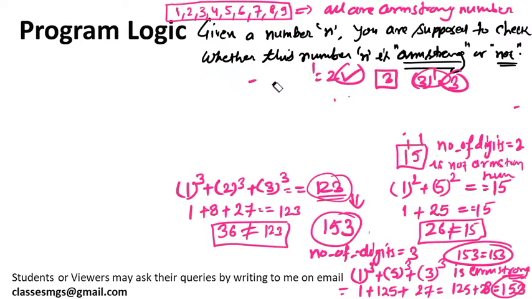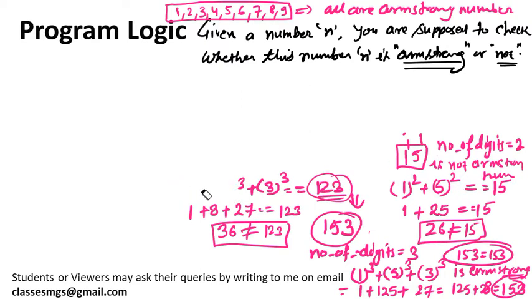Then we can say that number is an Armstrong number. Otherwise, if the sum is not equal to that number, then it is not an Armstrong number.